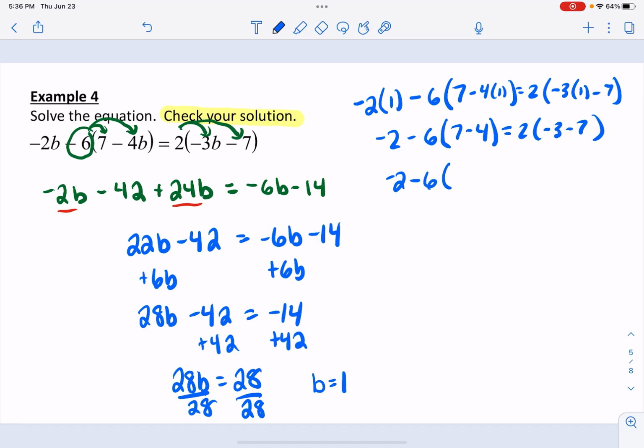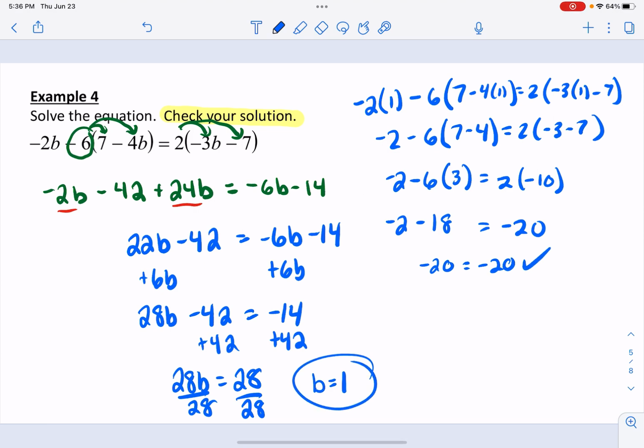I do my parentheses first, and I make sure that I do my parentheses correctly. So I have negative 2 minus 18 equal to a negative 20. I have negative 20 equals negative 20. So yes, that was the correct answer.